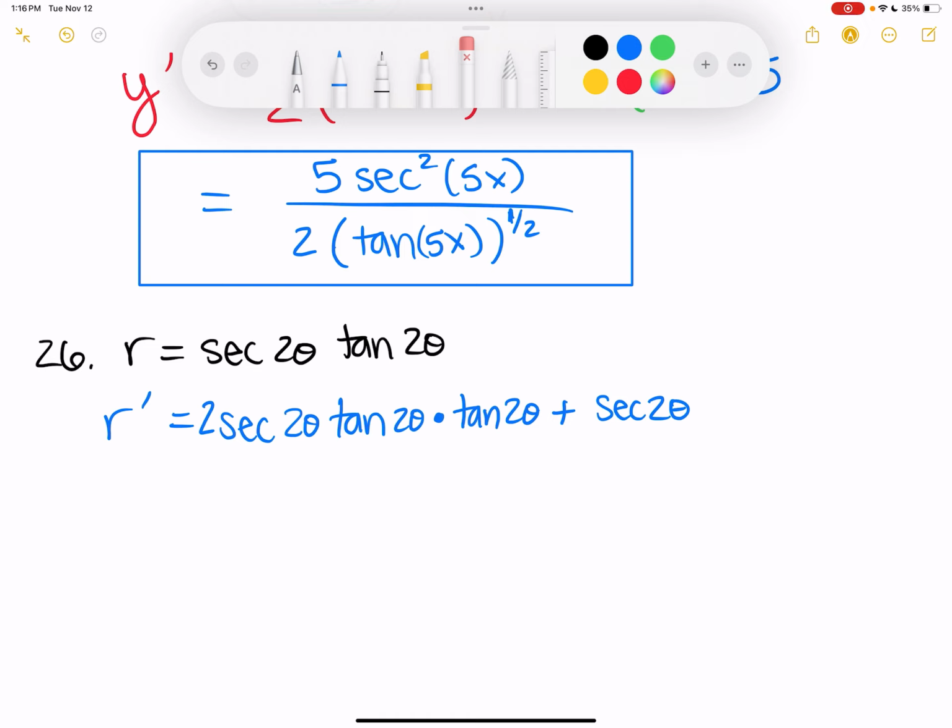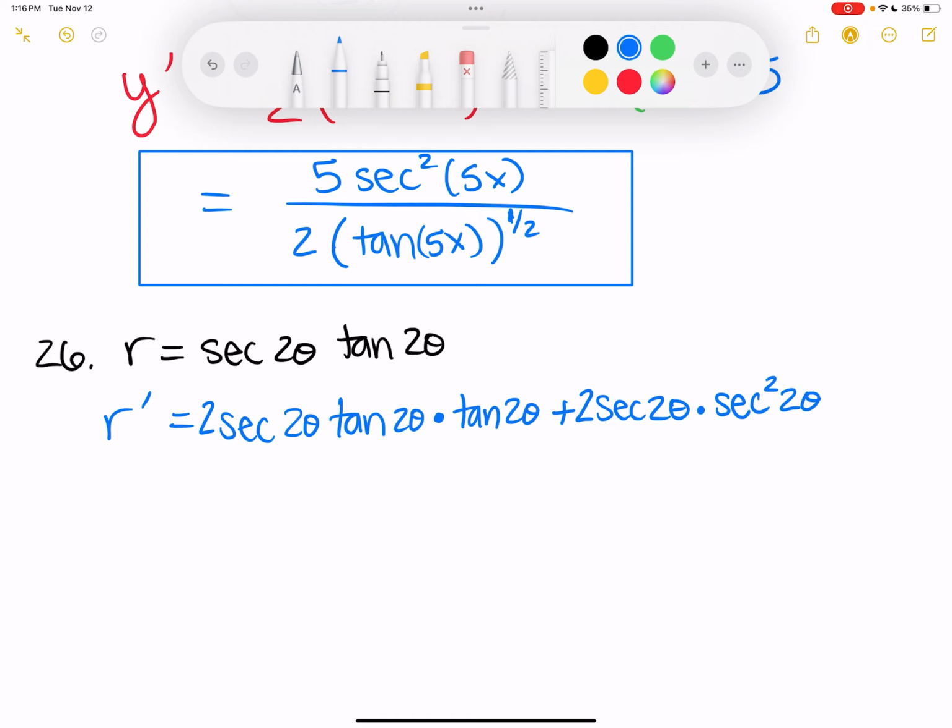times, what's the derivative of tangent of 2 theta? Secant squared of 2 theta. What's the derivative of 2 theta? 2. Yes. So I'm going to put the 2 out front. Now I just need to multiply.